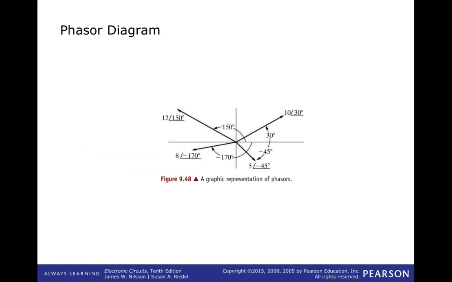Something that a lot of students don't ever see in Circuits 1 is the phasor diagram. It's kind of an old-fashioned concept, but nevertheless useful, especially when you get to power concepts. So in the phasor diagram, when you have a phasor voltage 10 angle 30, you can illustrate that by a line of length 10 making an angle 30 with the positive horizontal axis.